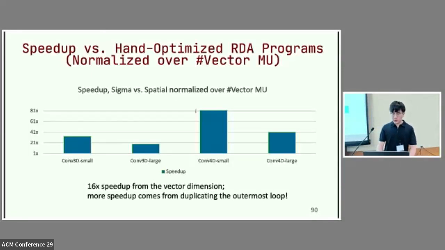First, since Sigma is capable of utilizing the bandwidth coming from the finer-grained memories better, we see 16x speedup coming from the vector dimension. Furthermore, since we are using fewer resources for implementing the innermost loop, we could unroll the outermost loop further to gain more performance. These two factors combined give us roughly 40x on average over the vanilla Spatial implementation.